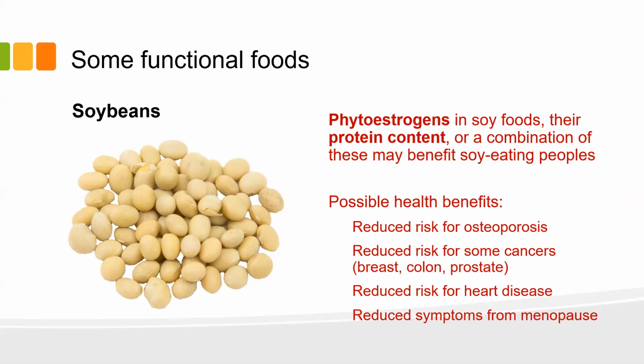If you're familiar with tofu, it's usually made out of soybeans. And so people have been pushing the health effects of soybeans for quite some time. They're a pretty good source of protein, right? That's one reason why people consume a lot of them, because particularly if you're vegan, this is one good source of protein.